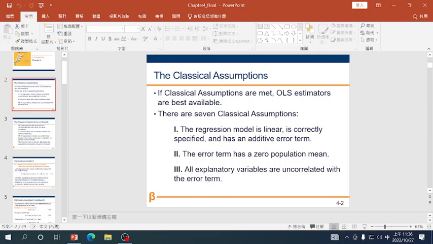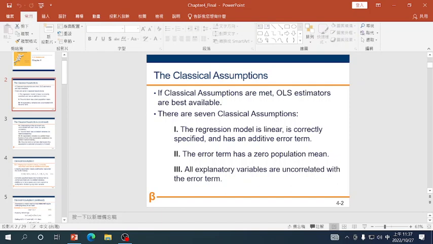The third one is that the explanatory X variable is uncorrelated with the error term. In other words, all the X variables are collected or chosen by literature review. Whatever we want to study, whatever Y is, you choose the related or important X variables included in the model. Then all these X variables explain the variation of the Y variable.